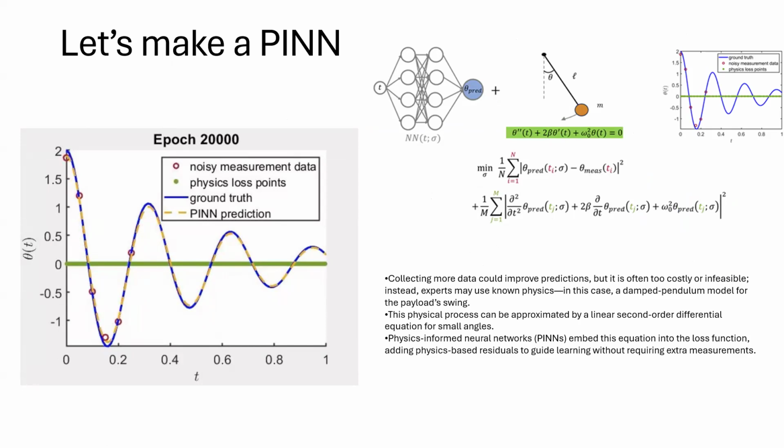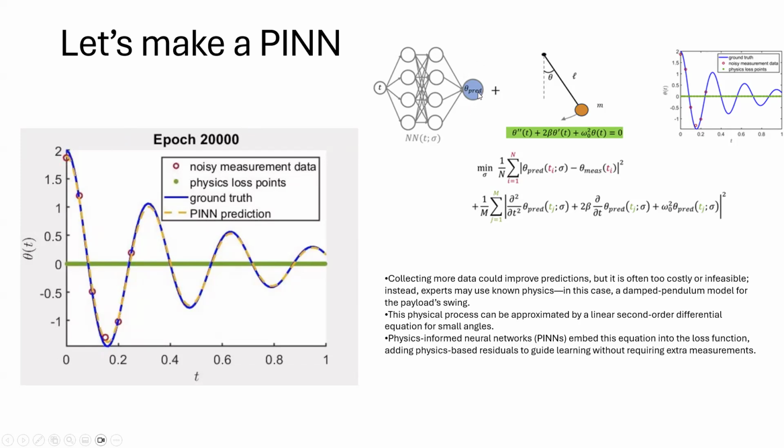The advantage is that, suppose we only have the data for this point. When you add this equation, we can use any of these points as sample times, randomly feed them to the neural network, and get an output.